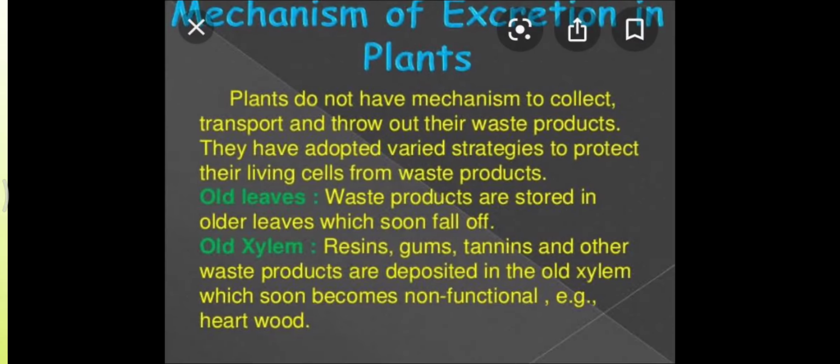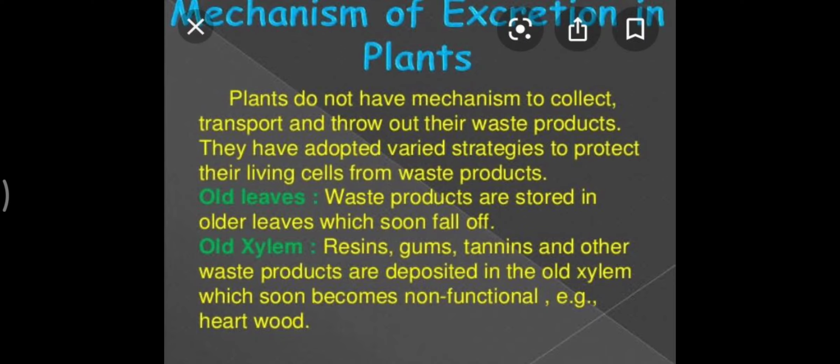Now in certain cases the waste gets stored in the older parts like leaves and branches, and these old parts soon get detached and fall off from the plant or tree. So the waste is also removed. Another way of removing waste is deposition in the old xylem.